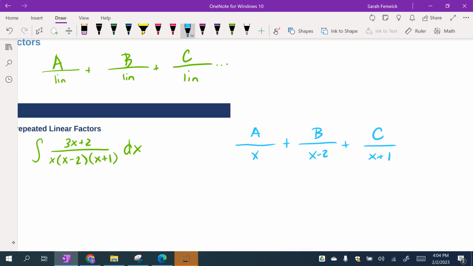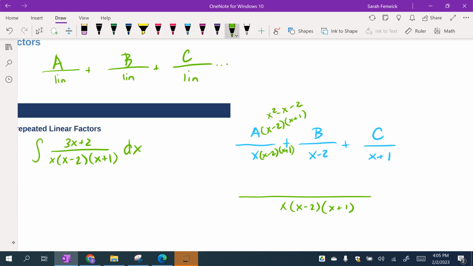And when I try to put it all back together, then my a needs to multiply by x minus 2 times x plus 1. So let's look just at that piece for a second. This, when I FOIL, is x squared minus x minus 2, and then you distribute your a.